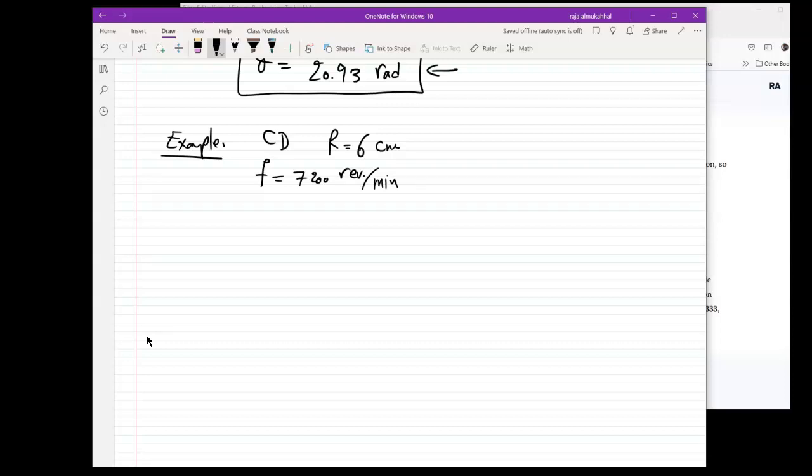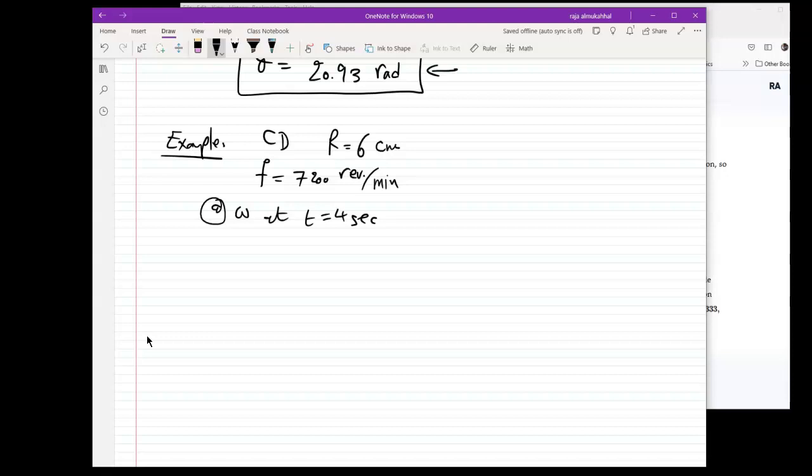It spins at a rate of 7,200 revolutions per minute. There are two questions here. The first one: what is the angular velocity of this CD at t equals 4 seconds? In other words, if it starts from rest, what is the angular velocity of the CD on the 4th second?